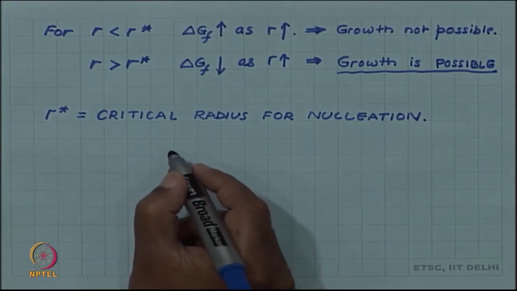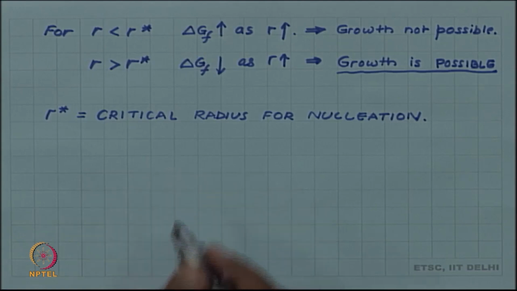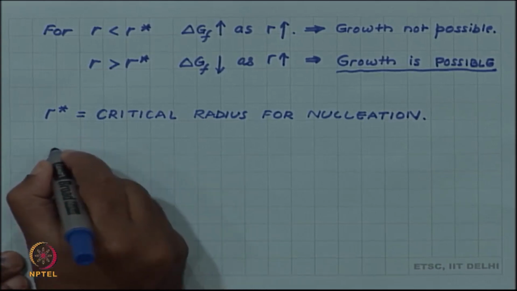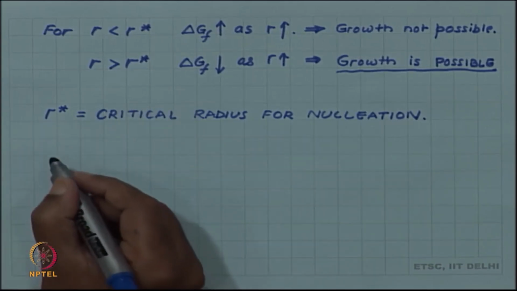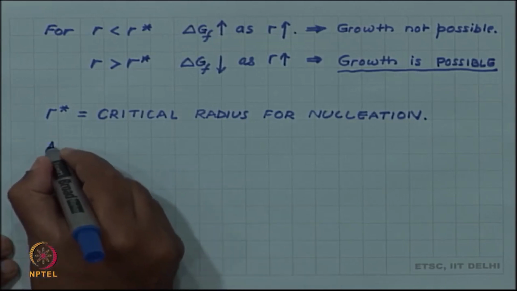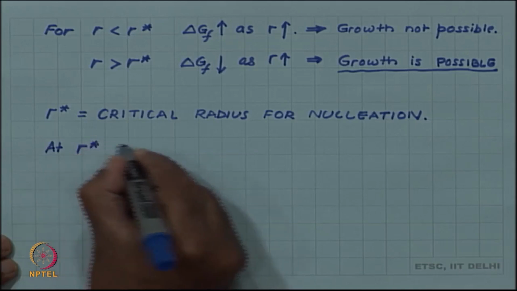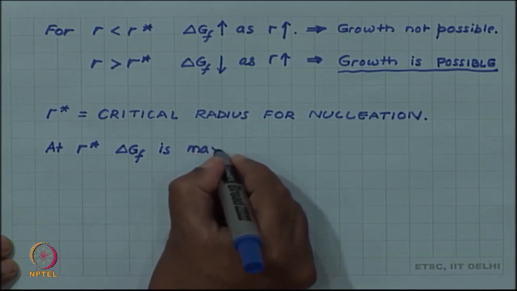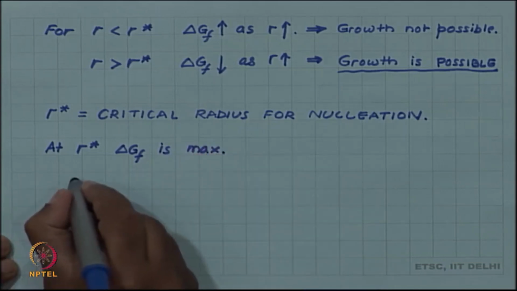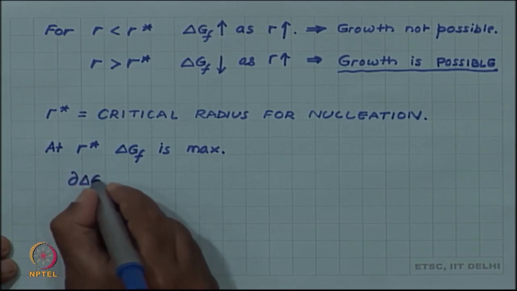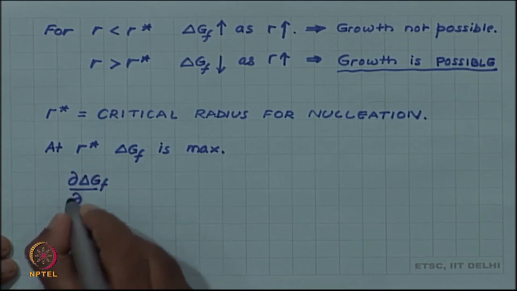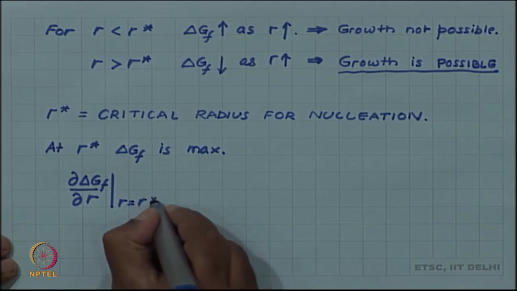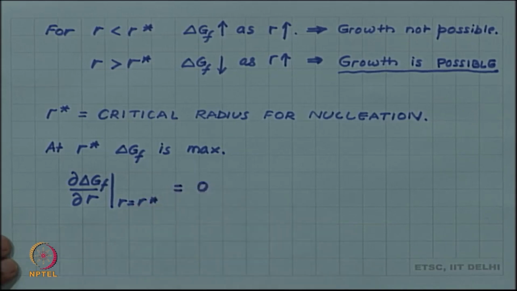We can find this in terms of our variables which we introduced. So, recall that we are saying that at R star delta GF is maximum, which means the differential coefficient of delta GF with R at R is equal to R star should be 0.